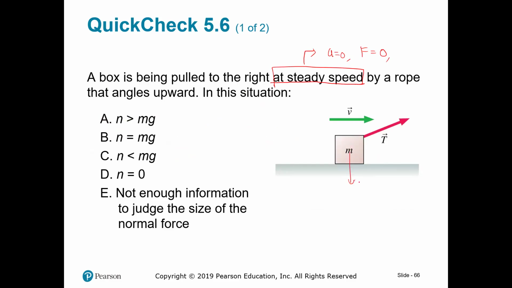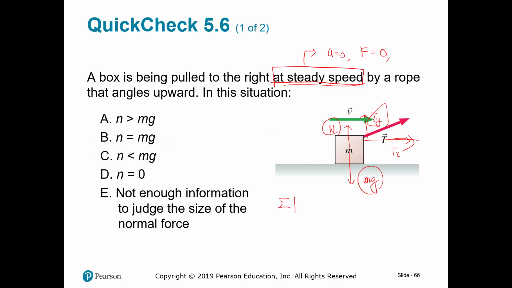The first one is the weight, mg, acting down, and then you have a normal force, and this tension basically has two components, Tx and Ty, right? Ty plus N minus mg is going to be 0 because the object is moving at a steady speed horizontally, so your vertical forces cancel out.